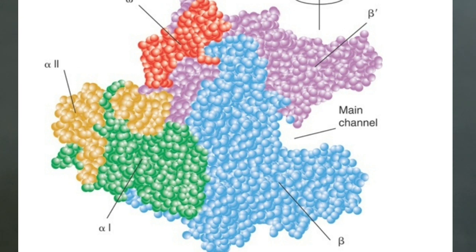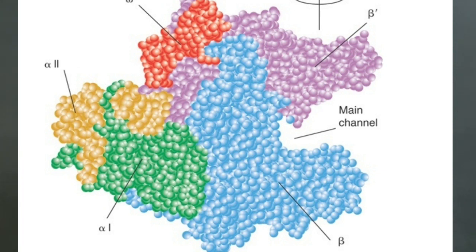So now move to this picture. Have a look at this picture. Here you can see how different subunits of RNA polymerase are arranged to form the catalytic site or active center and different channels.